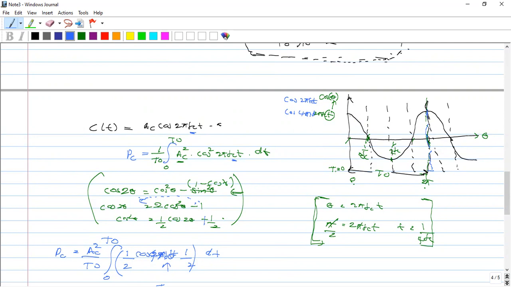So you have like this, and then like this, and it comes to here, and you have this.